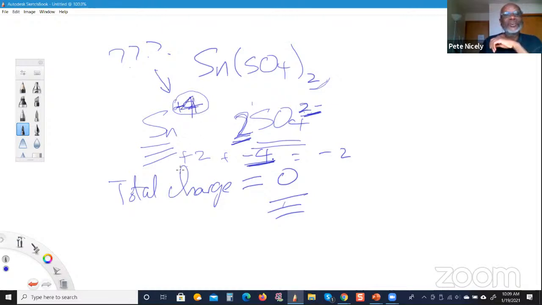All right? So now that we know that this is +4, what's the name of this ion? The Sn4+ ion. What's the name of it? Anybody? What's the name of this ion?